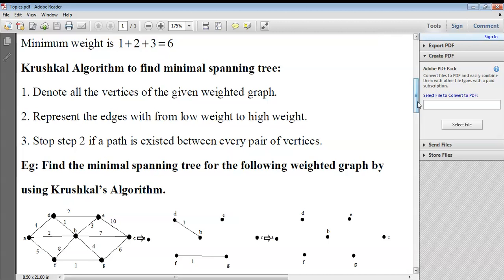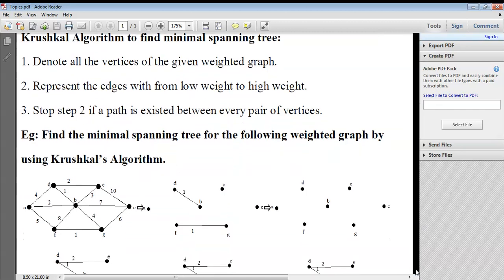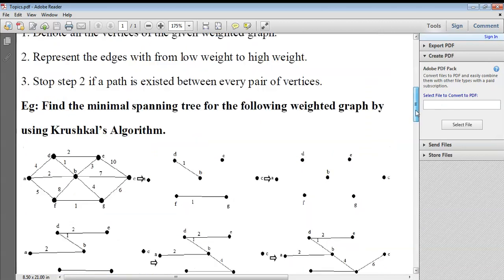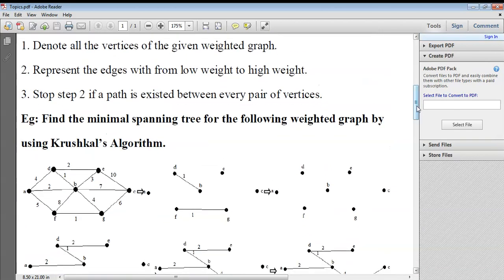The procedure says first you need to consider all the vertices. So what are the vertices available in the weighted graph? You consider all the vertices. Then the second point is, let us start with the minimum weight and join the edges from minimum weight to maximum weight.